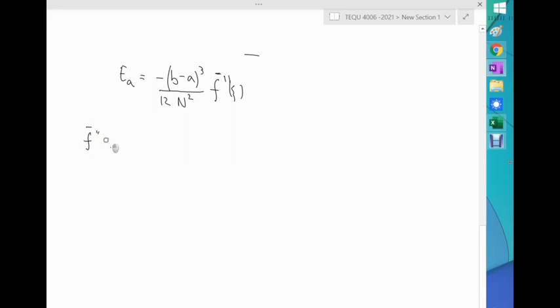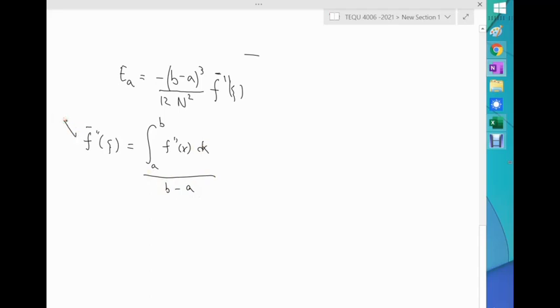Well, no, let's write it like this, of epsilon. That will be the integral of the second derivative of x evaluated between, in this case, a and b dx divided by b minus a. All right? So this is the average.